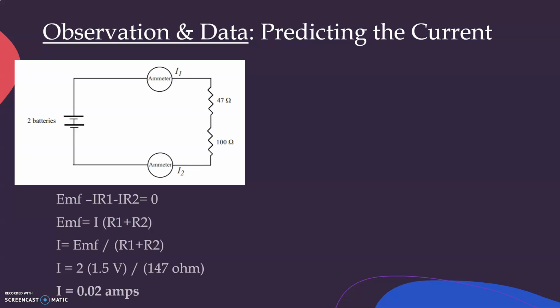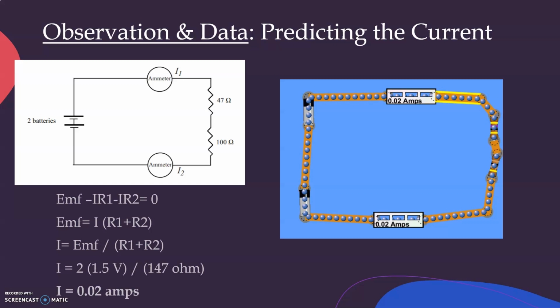So the battery minus the current times the additive resistance should be 0. When I calculated this, I got my current to be 0.02 amps. And then when I used the simulation, I got the exact same value. And this didn't matter whether or not the ammeter was backwards or forwards.